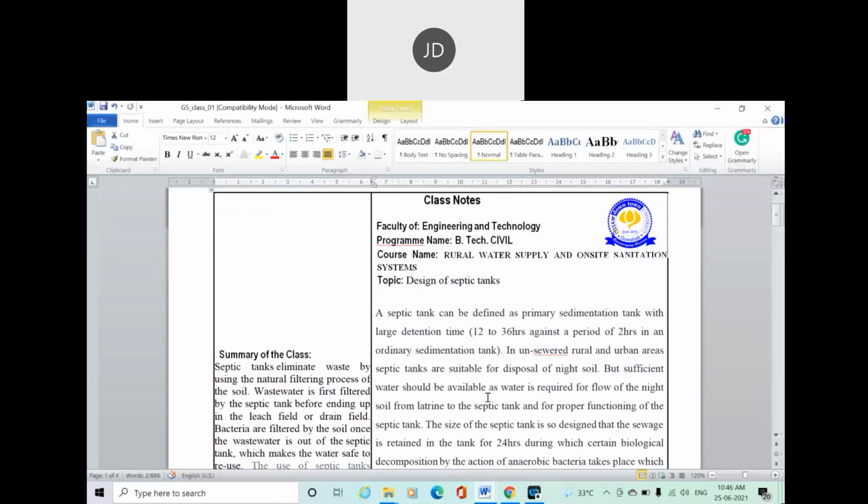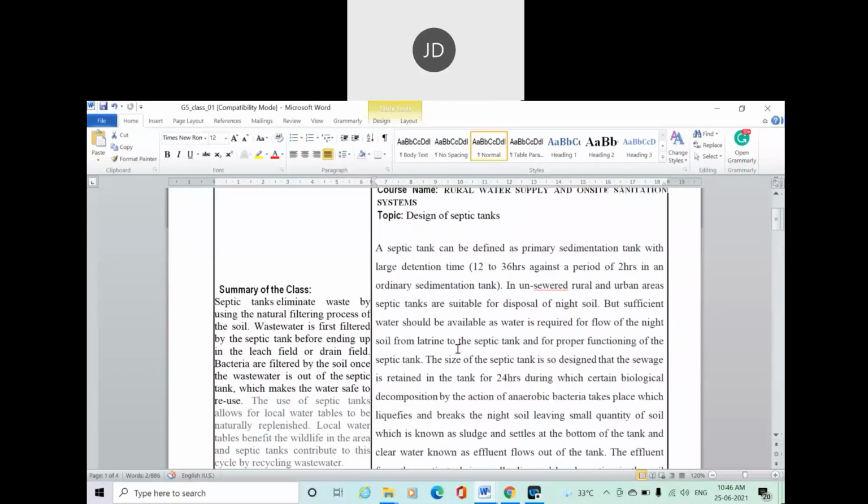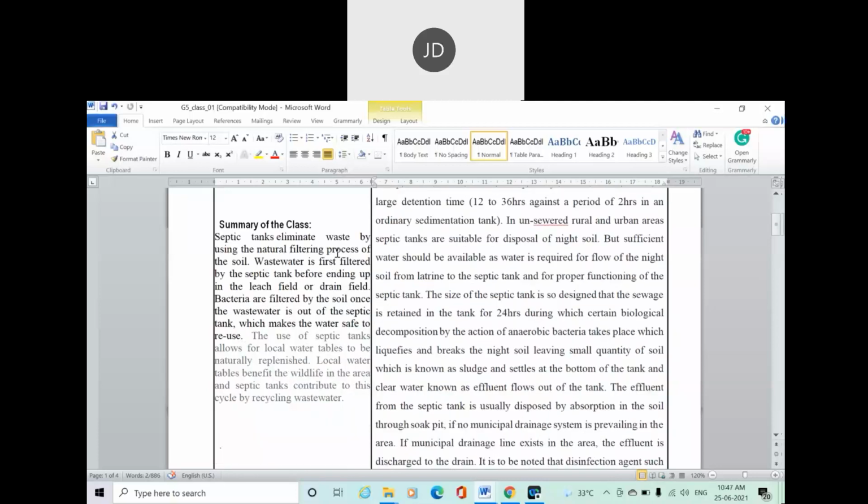Where am I? Yeah, here. So let's come to the septic tank here. Basically, a septic tank eliminates the waste by using the natural filtering process of the soil.